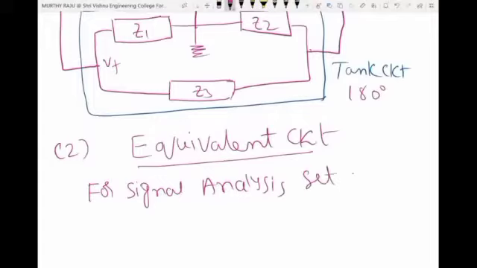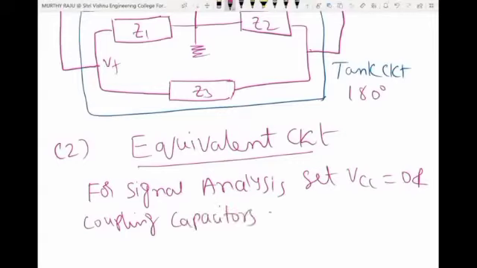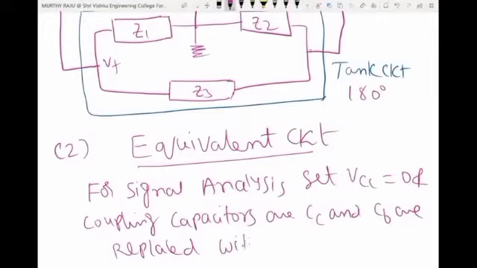For signal analysis, set VCC is equal to 0, and any coupling capacitors, CC and CB, are replaced with short circuit.